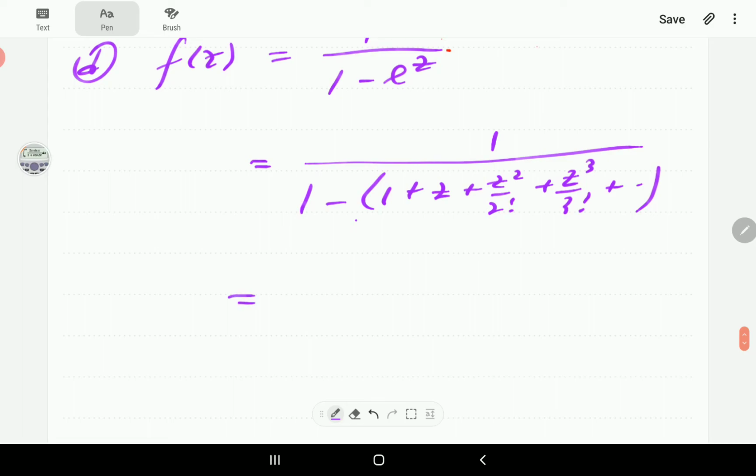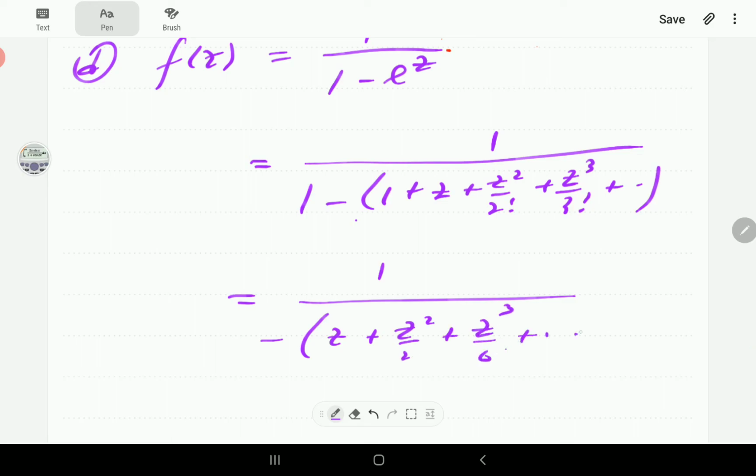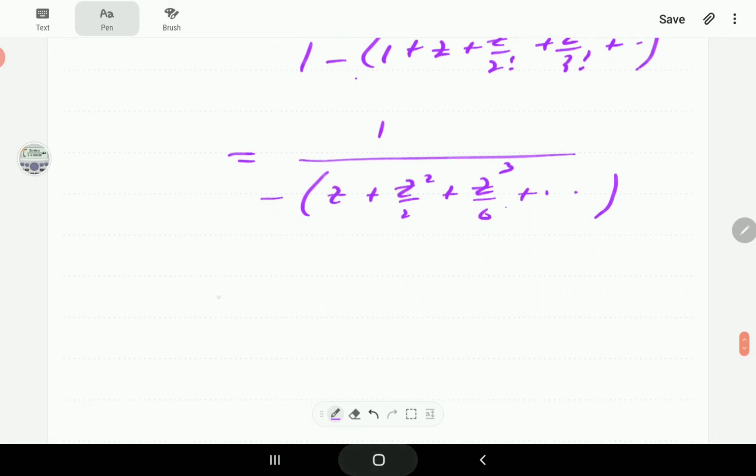Then when we remove the brackets, this is going to be the negative of z plus z squared over 2, z cubed over 6, etc. However, z is now common, so we can factor out z.